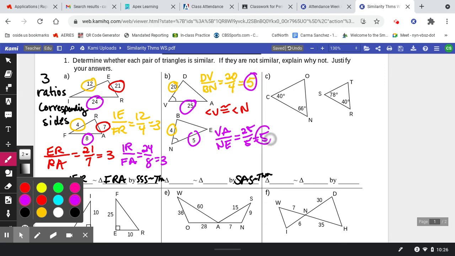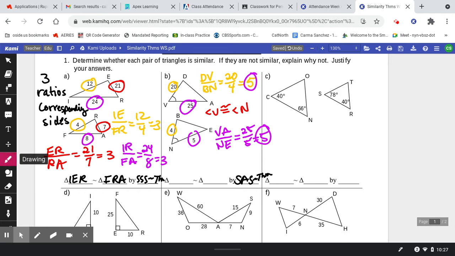Notice that these two ratios of corresponding sides are equal, so we have a side angle side relationship going on here. So we say that the triangle DVA is similar to triangle BNE by side angle side similarity theorem.